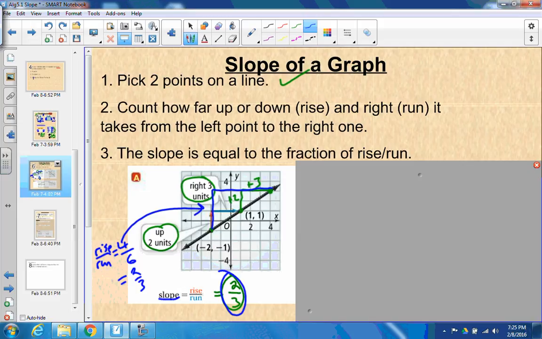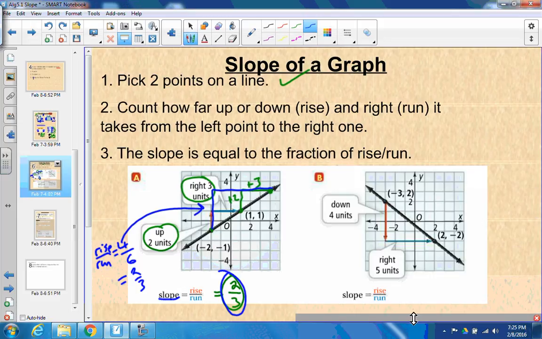Okay? Look at this one. Rise over run again, from the left point to the right point. Looks like we picked this one right here. That's a good one to pick. This one right here. It's hard to tell. I don't know if I see any other ones that would actually be exactly on an intersection. So we're going to go from left to the right.